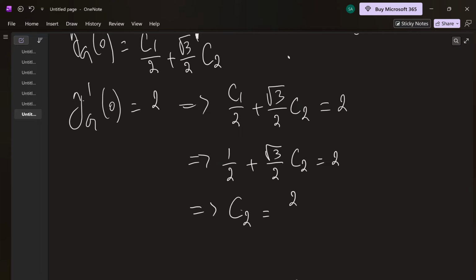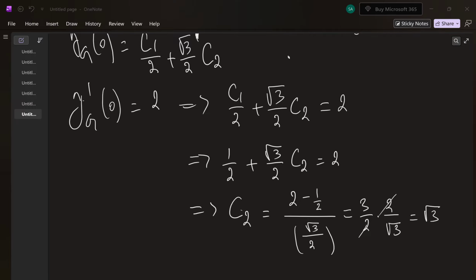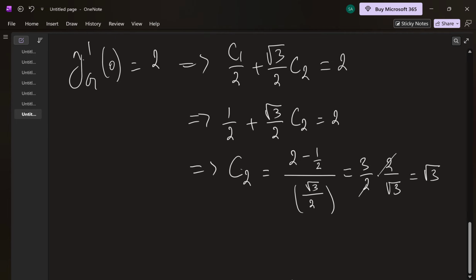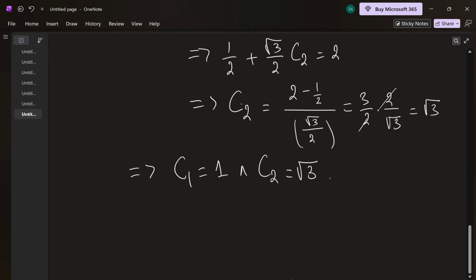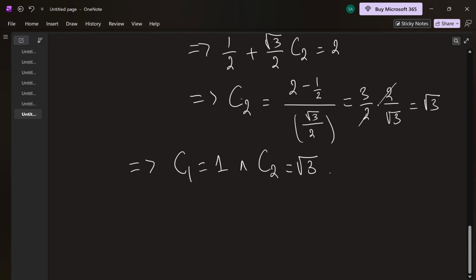So we solve this equation with respect to C2, so C2 is equal to 2 minus 1 over 2 all over square root of 3 over 2, and this is equal, so the first one will give you 3 halves times, now the inverse is 2 over square root of 3, these 2 will cancel, 3 over the square root of 3 is equal to square root of 3, so C1 is equal to 1, and C2 is equal to square root of 3.